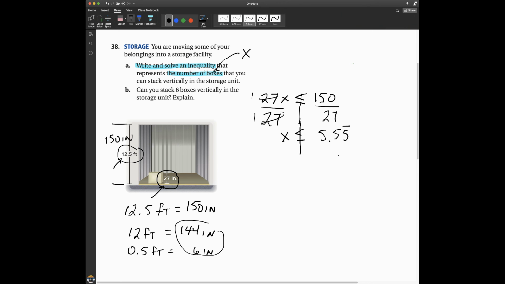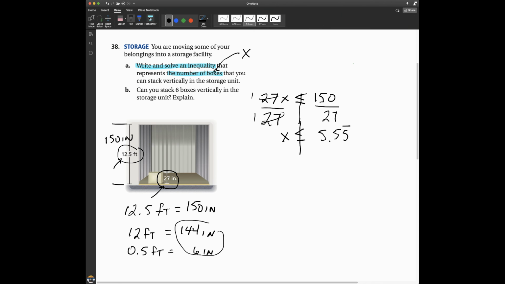Okay, so it's a little more than 5.5 boxes that I can stack in my storage. But each box is 27 inches. So I don't think I could make half of a box, right? I'd have to cut the box. So really, you can stack 5 boxes.